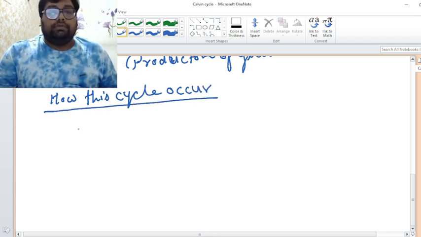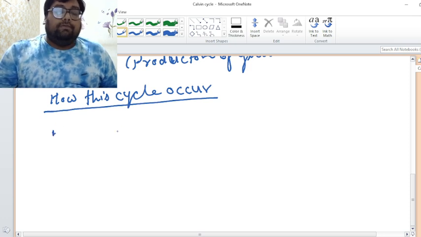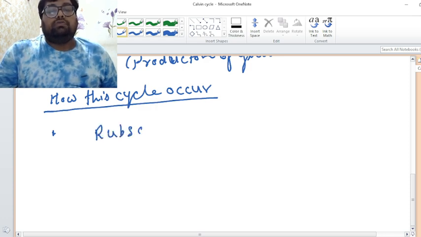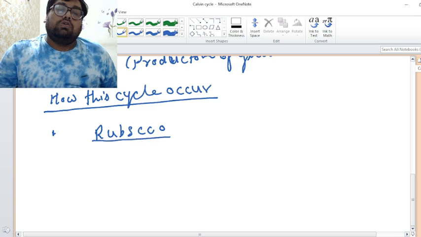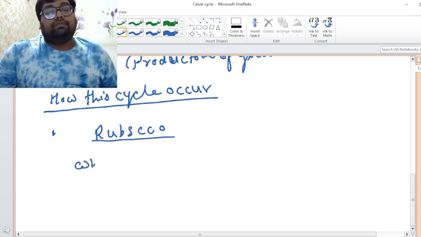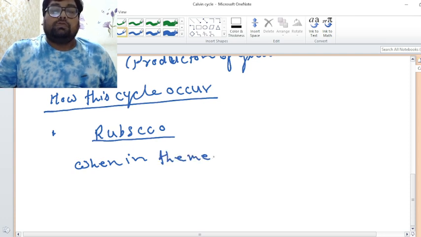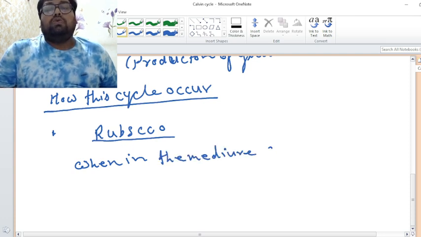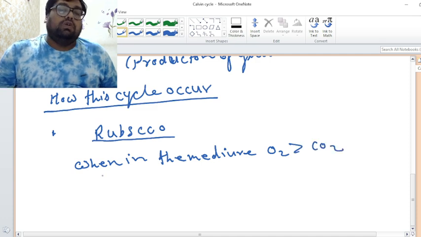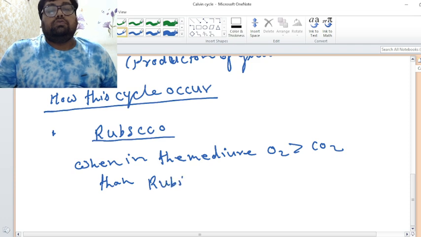First of all, we explain the nature of Rubisco. When in the medium the O2 concentration is greater than CO2, then Rubisco prefers oxygen.